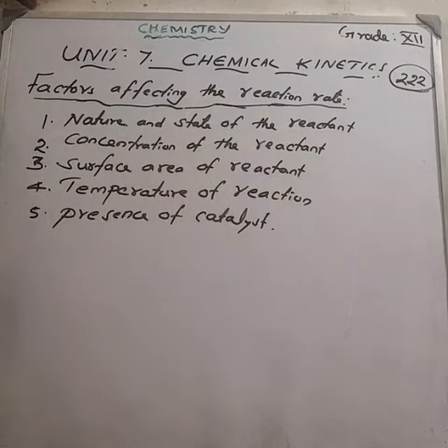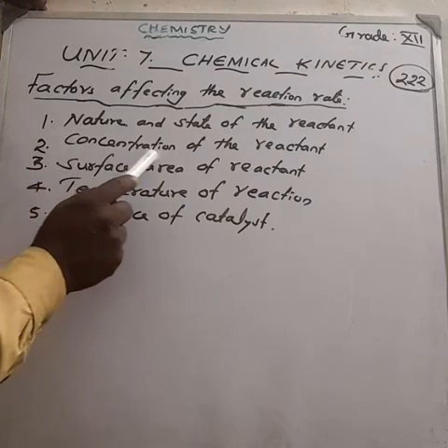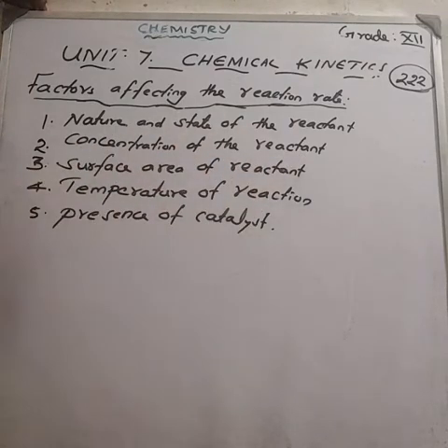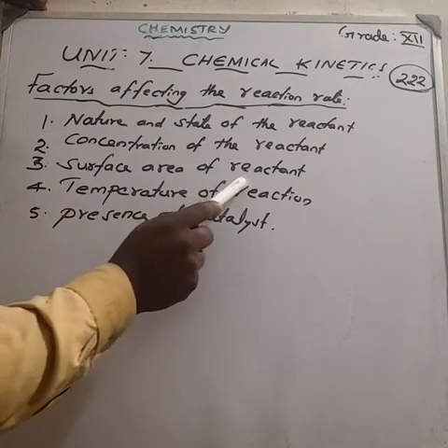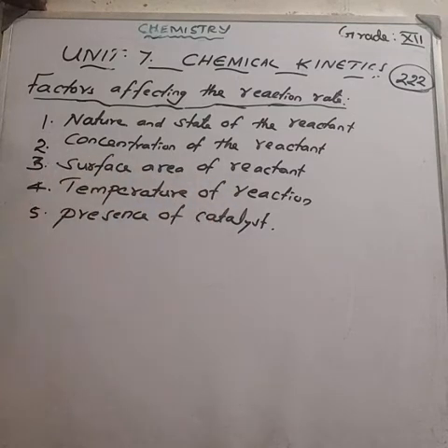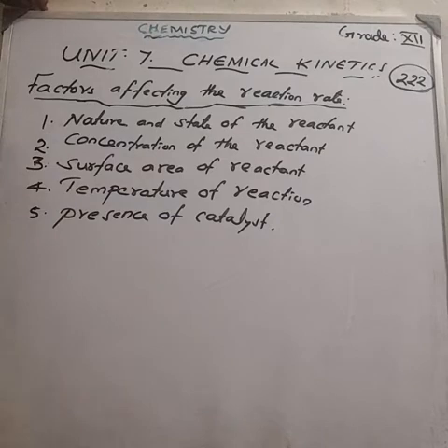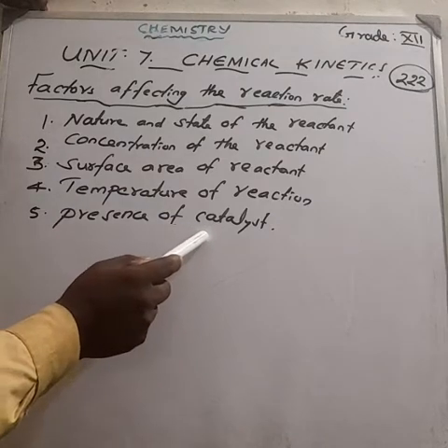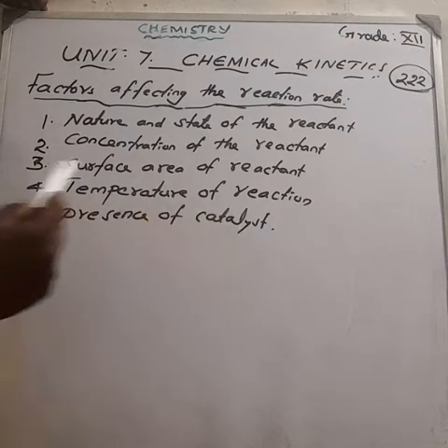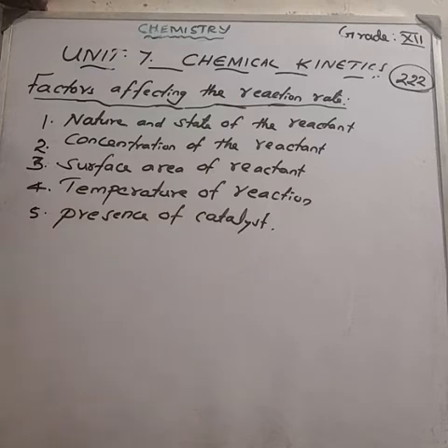Number 2, concentration of the reactant. Number 3, surface area of the reactant. Number 4, temperature of the reaction. Number 5, presence of the catalyst. These are the 5 factors affecting the reaction rate.